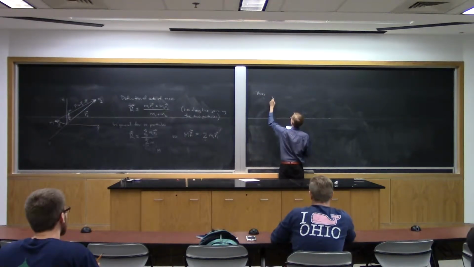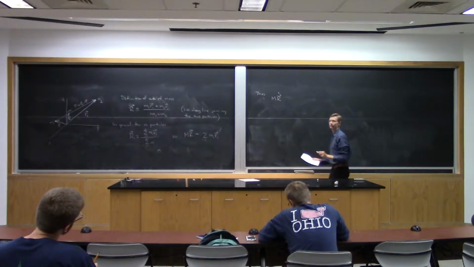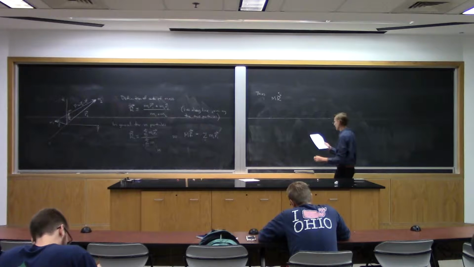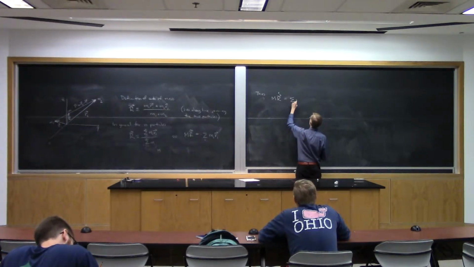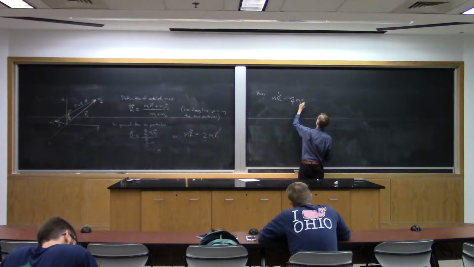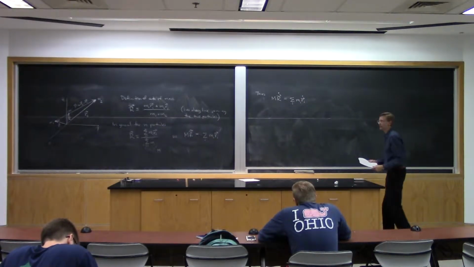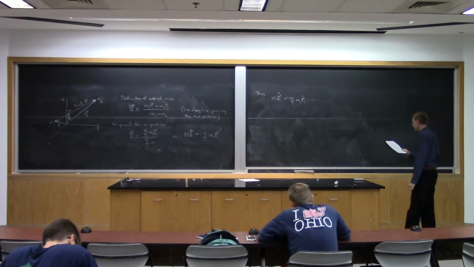Thus, M R dot, which of course has 3 components because it's a vector, will be the sum of the m_i r_i dot. We're assuming the masses themselves stay the same. These are particles that are not shedding or gaining mass.